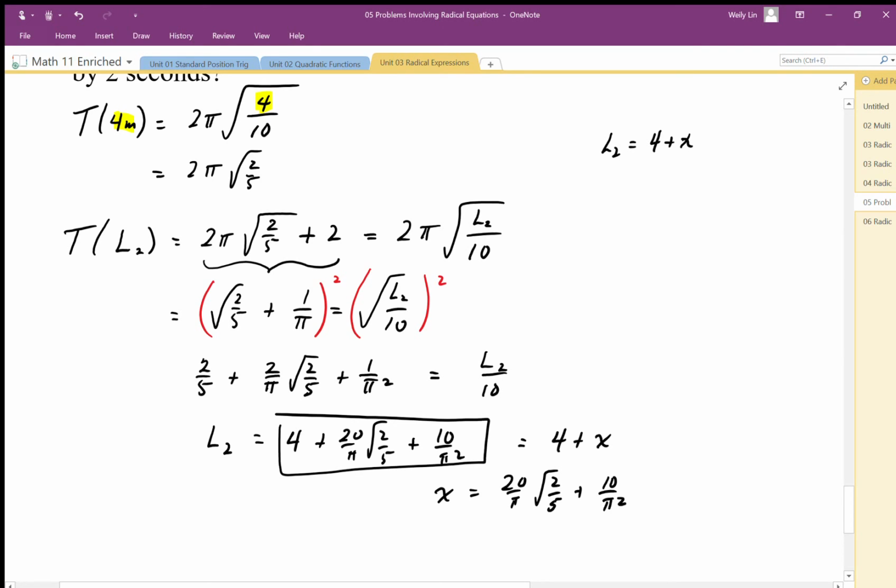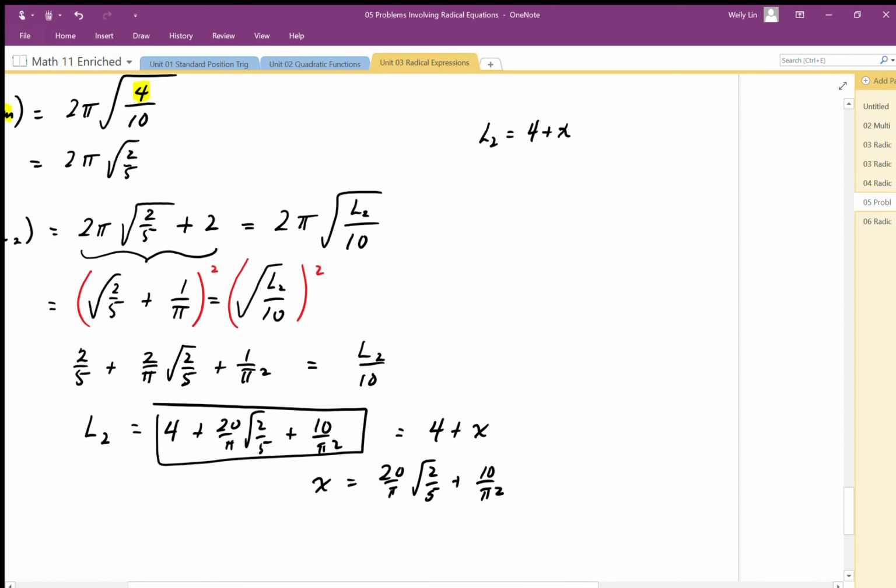Now just off to the side here, I'm going to show you how I multiplied root 2 over 5 plus 1 over pi. When I squared that, I ended up with 2 over 5 here.